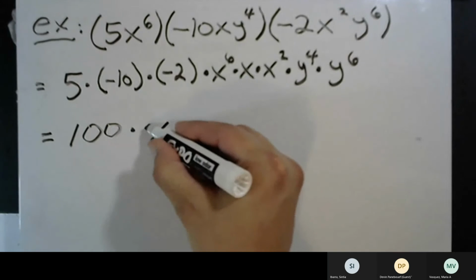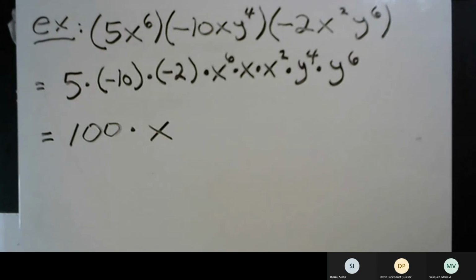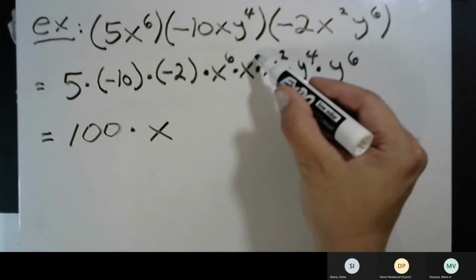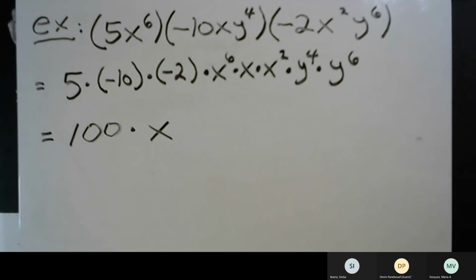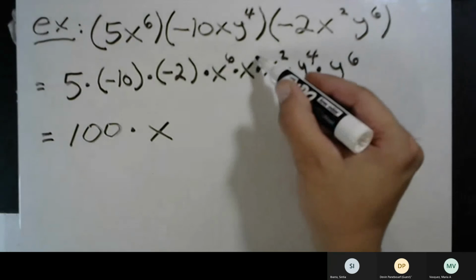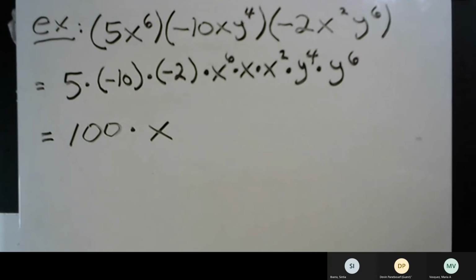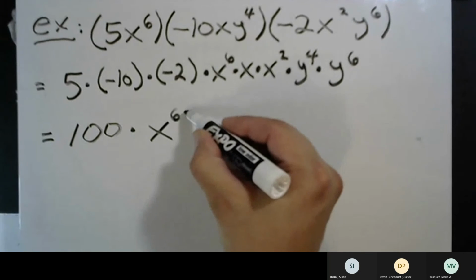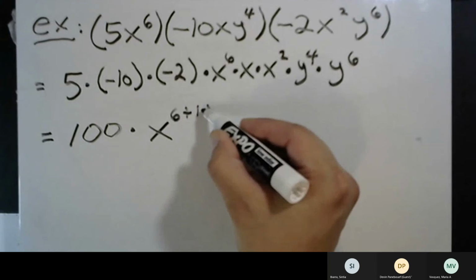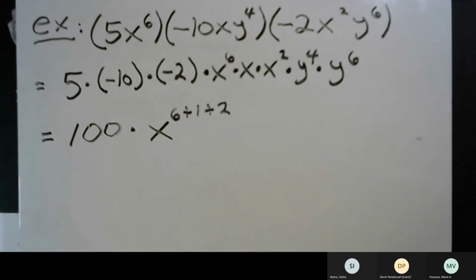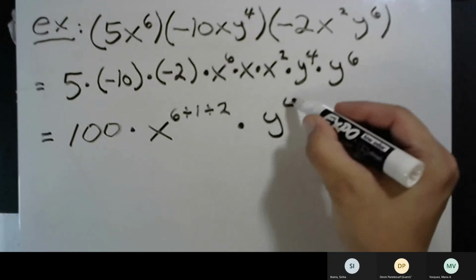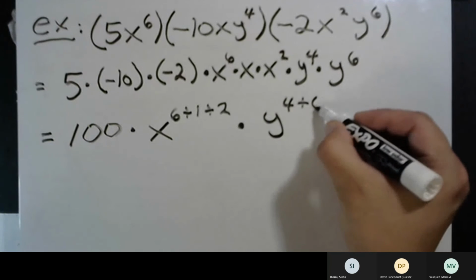Now for our x's, we're going to add up our exponents. So we have a 6, there's an invisible 1. When you have a variable by itself, there's an invisible 1 for the exponent. And then we've got a 2. So this will be 6 plus 1 plus 2 times y to the 4 plus 6.